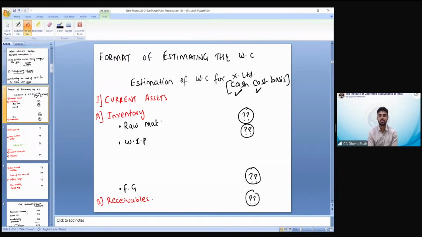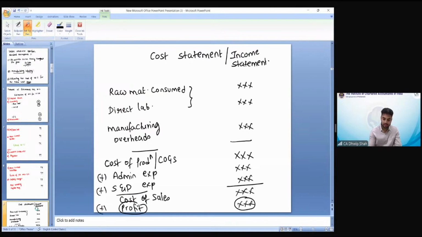Are you getting this? So you ignore profit and you ignore non-cash expense. Any queries, any concerns, any doubts still here? Any doubts in the cost statement? Let's move ahead now to the formula.